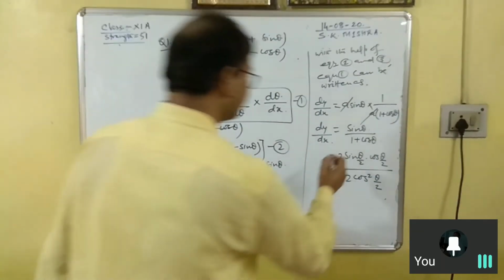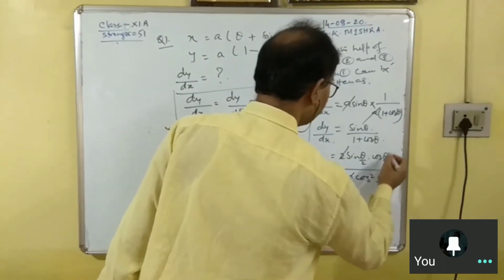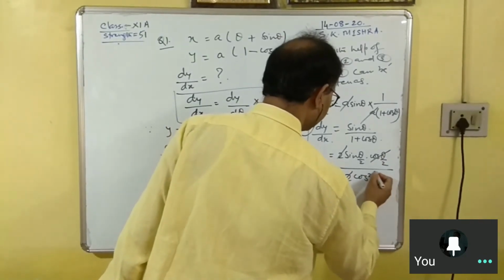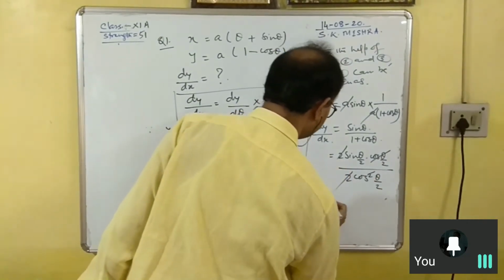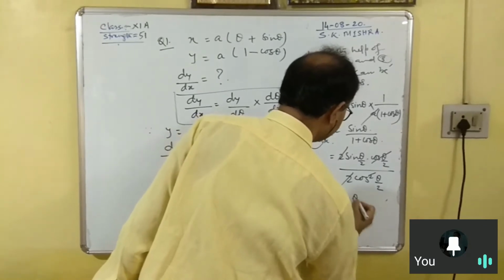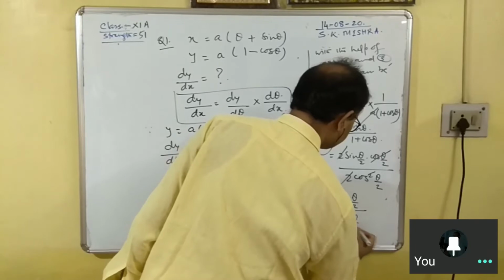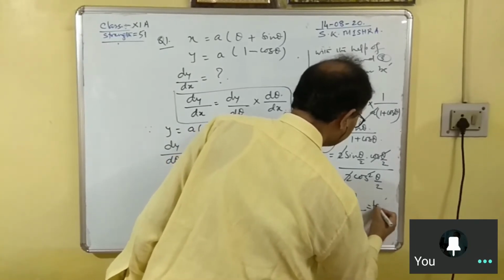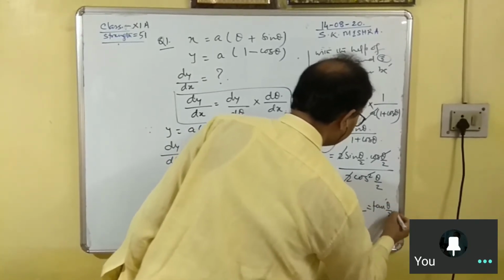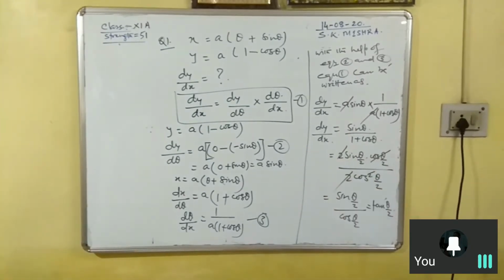Now you can cancel this 2 with this 2, and the cos theta by 2 square term will cancel out, and finally you are getting sin theta by 2 divided by cos theta by 2. So sin by cos is tan. So the final result is tan theta by 2.